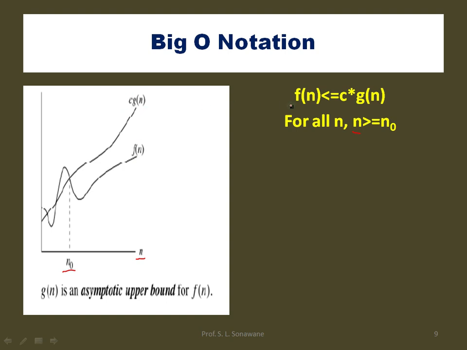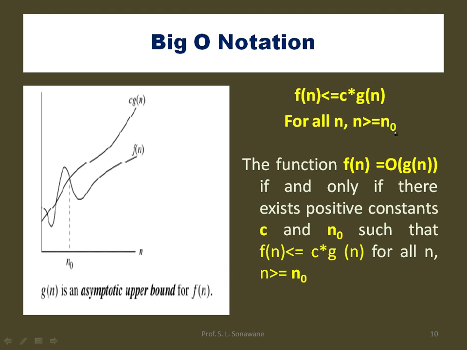So the same thing is given over here: f of n is less than or equal to c into g of n, for all n greater than or equal to n0. The same thing we can define over here.